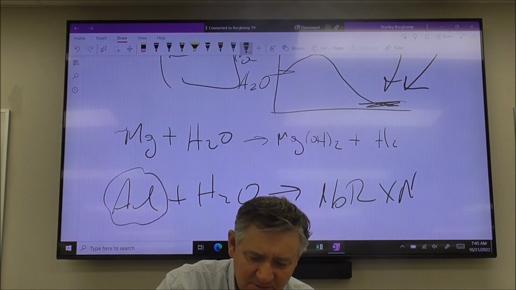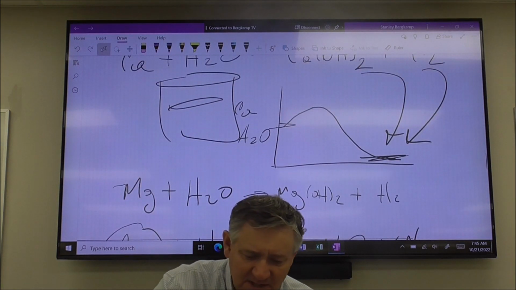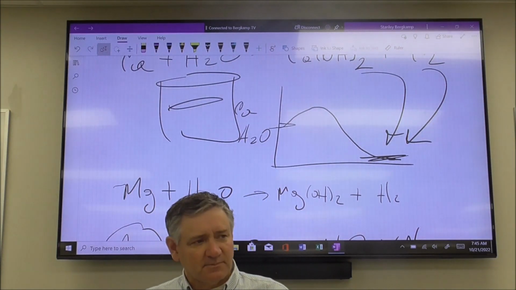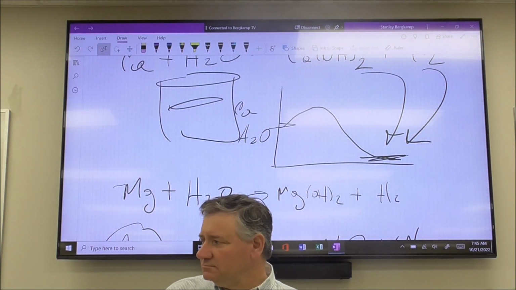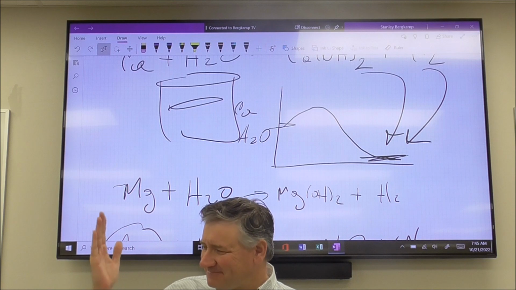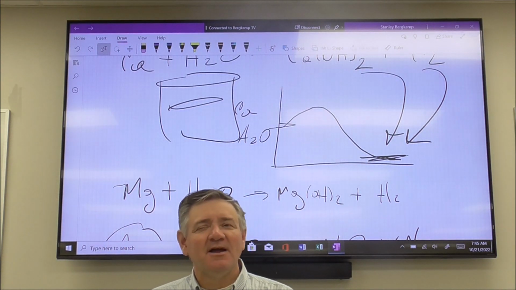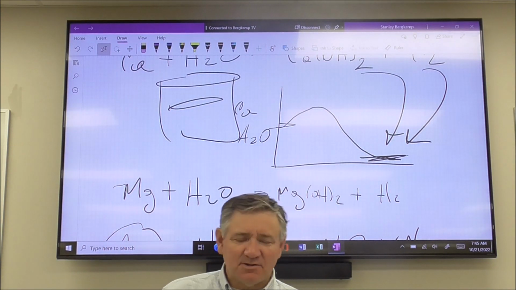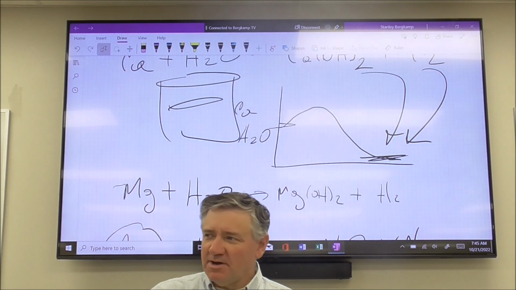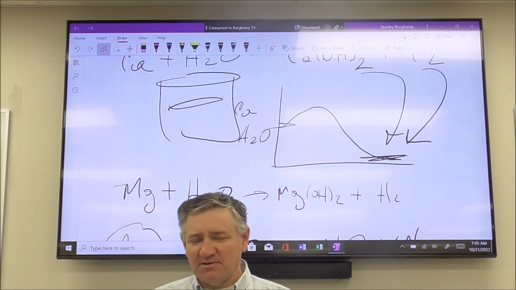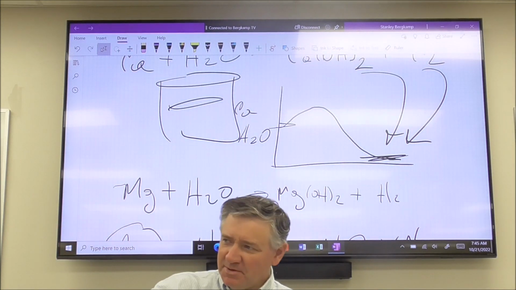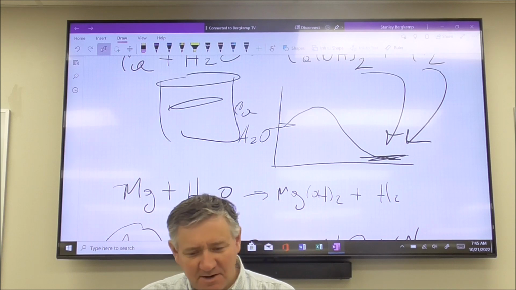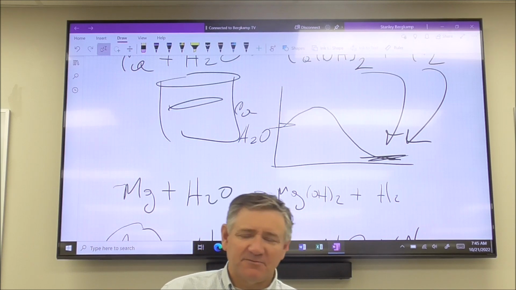So think this through. If you were designing cans to hold water, you have 3 materials you can build them out of. You could build them out of calcium, magnesium, or aluminum.